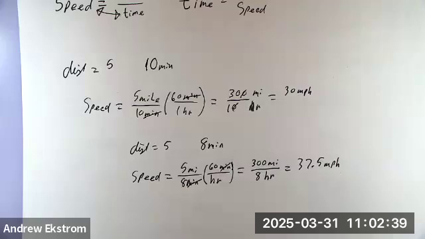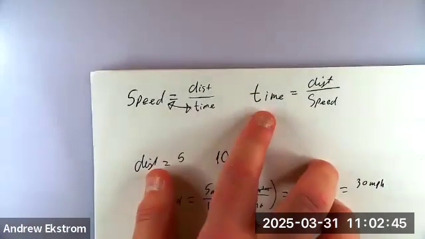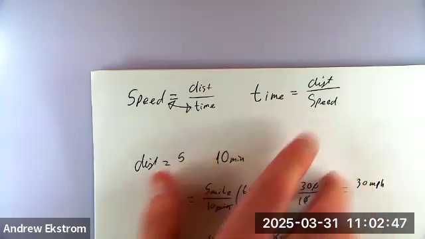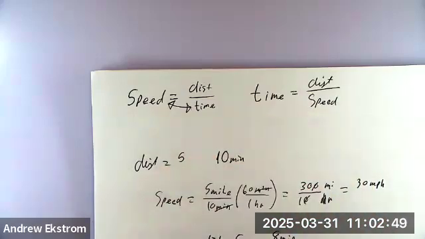It's equal to, so the amount of time it's going to take me is distance divided by speed. So I have to look at distance, divide that by the speed. And the time that I have here is based on the units of time I have for speed.